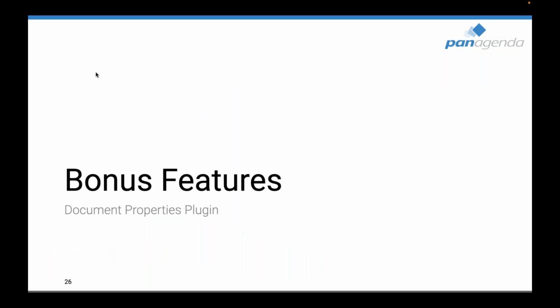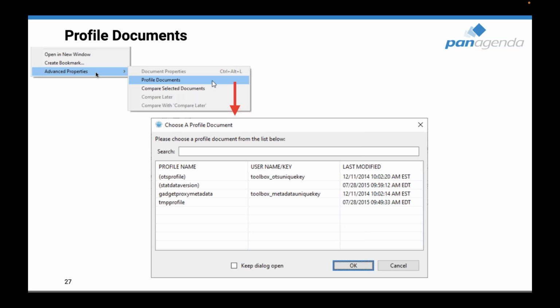A couple other bonus features that I got for you. You can look at profile documents. So if you have profile documents in your database, then you can do Advanced Properties, Profile Documents from a view or a document and get a list of the profile documents there. One kind of fun thing that you can do with this is if you have a setting in a database that you know is stored in a profile document somewhere, but you're not sure where, then you can make the change and then look at the profile documents dialog and sort by last modified.